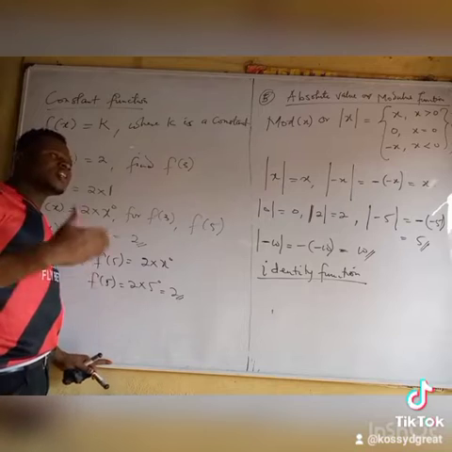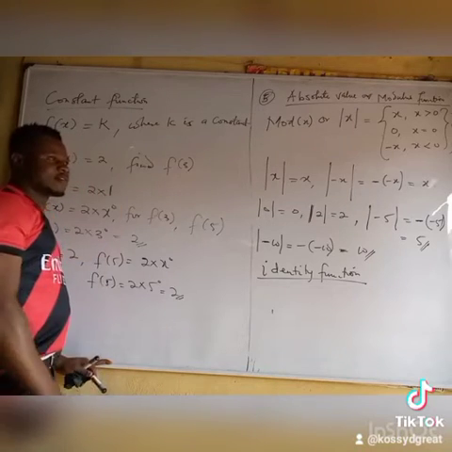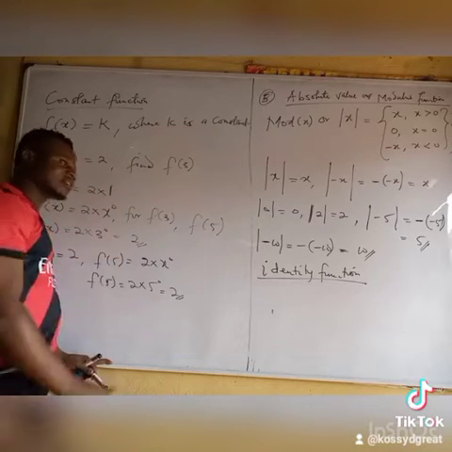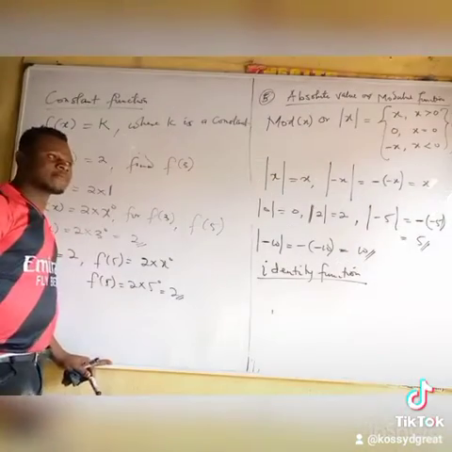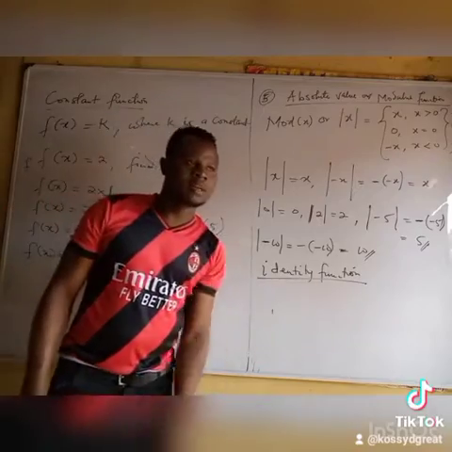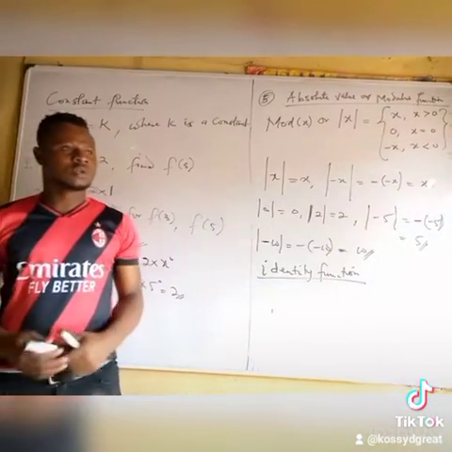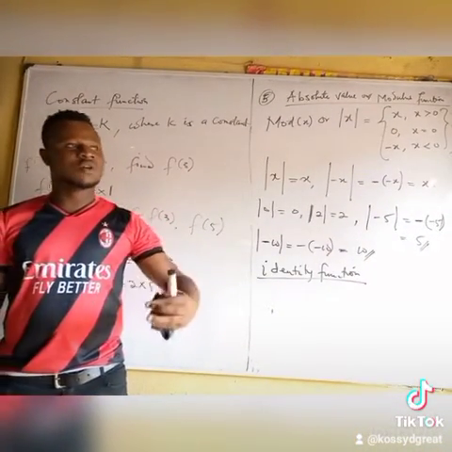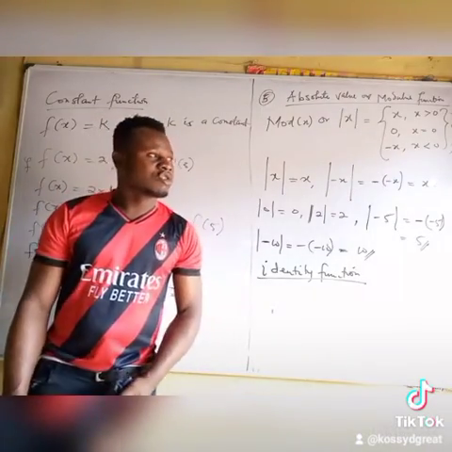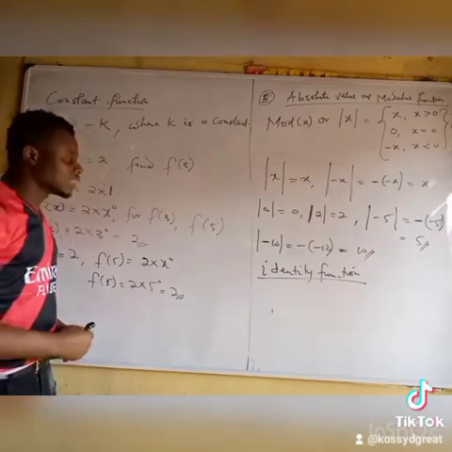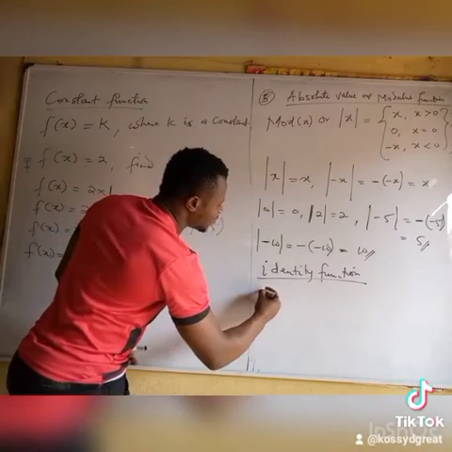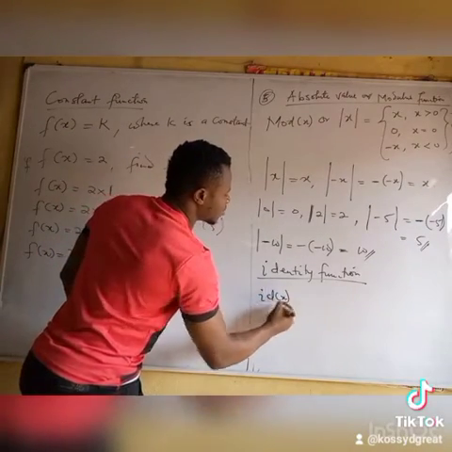Whenever we mention identity function or identity element, it is just an element that does not change other elements. Like when you come to binary operation, identity element does not change the value of other elements. So any value that does not change the value of other elements is said to be identity. So identity is represented with id(x).